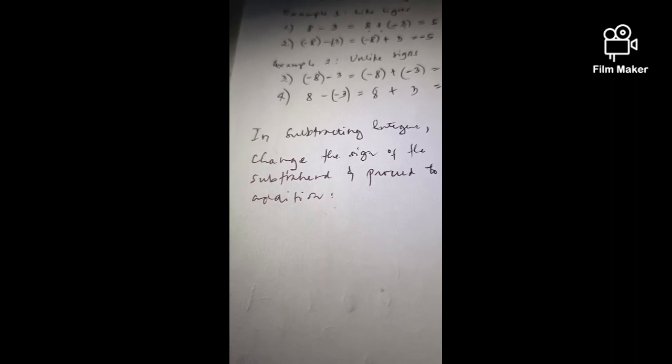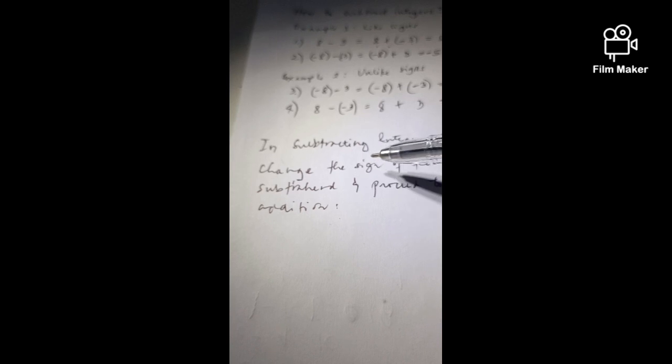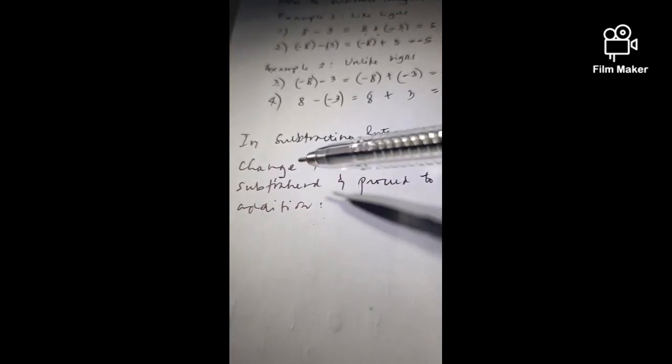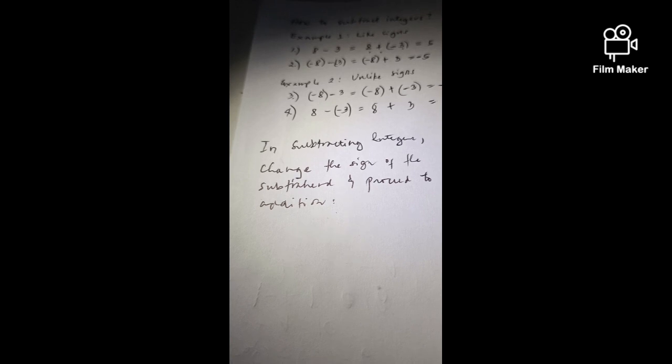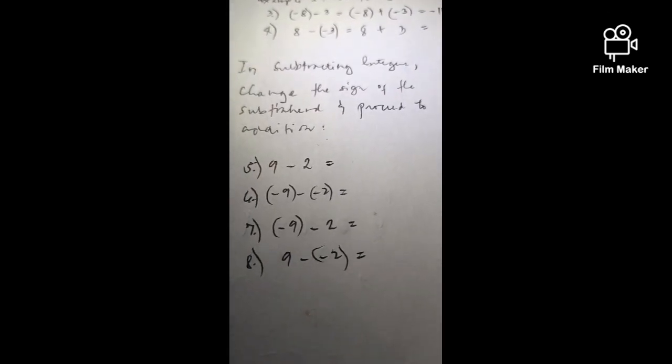So, what is the rule in subtracting integers? Ang sabi doon, in subtracting integers, change the sign of the subtrahend and proceed to addition. Okay. Pero, in subtracting integers, hindi natin dapat laging ipapakita ito.